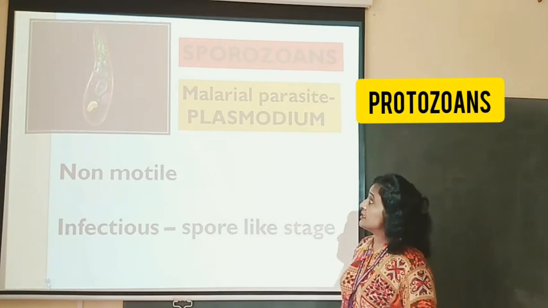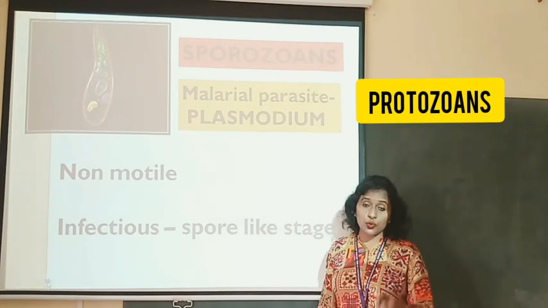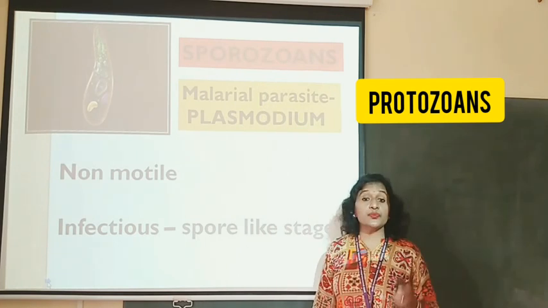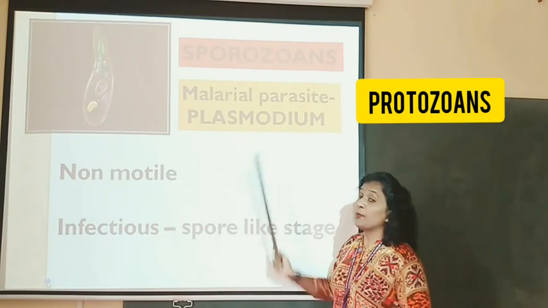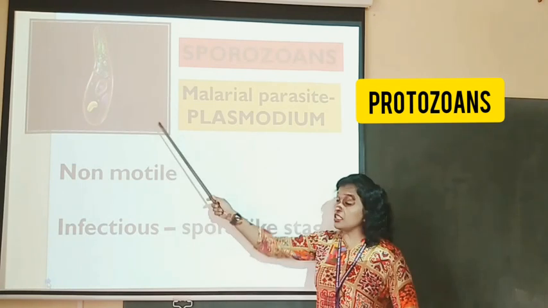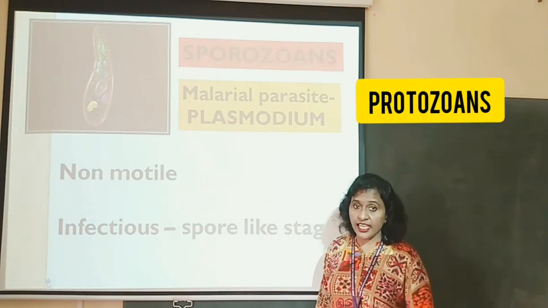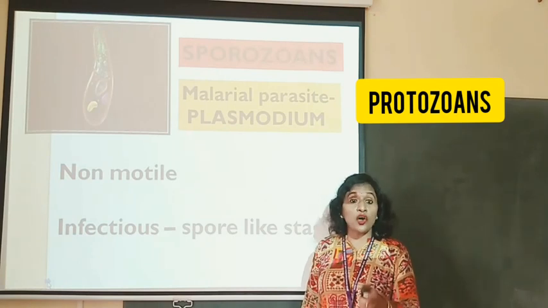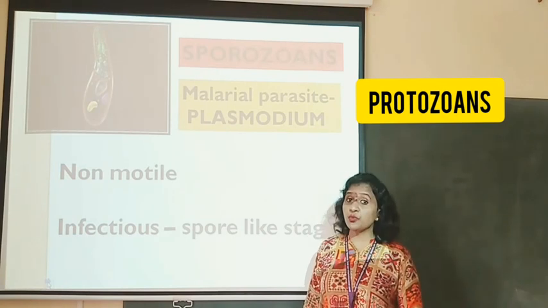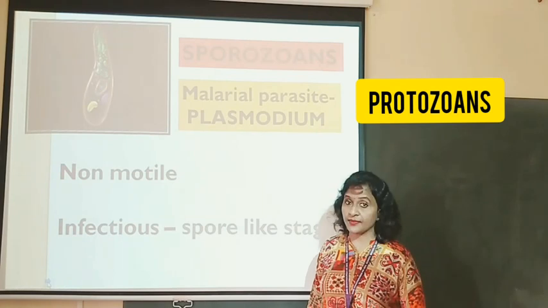The next is sporozoans. One of the examples is the malarial parasite Plasmodium. It is the name of the organism. Okay, so do not get confused with the Plasmodium which we had discussed earlier.